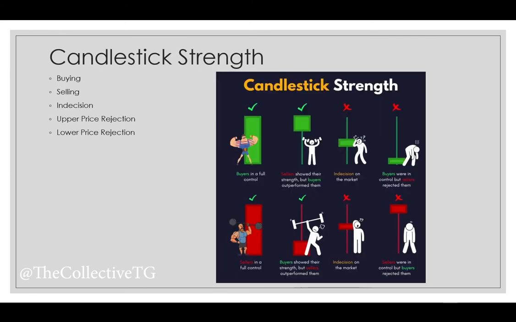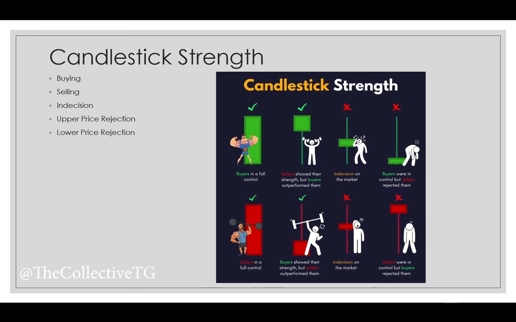Going on to the next and the very last slide here, it's just candlestick psychology, strength wise. Lastly, we have a cool little infograph and some information that I wanted to provide about the different types of candlestick strengths and the psychology or the knowing that goes behind what the candlestick is doing.